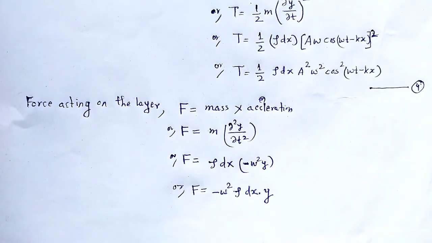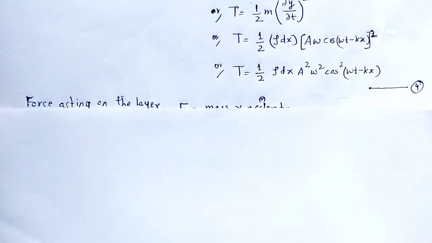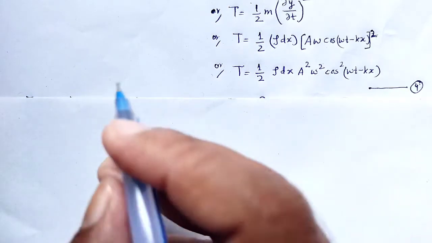Now the potential energy of the layer is nothing but the work done in displacing that layer through the distance y, that is the displacement, from its equilibrium position, which is stored as the potential energy of the layer. So what will be the potential energy here?